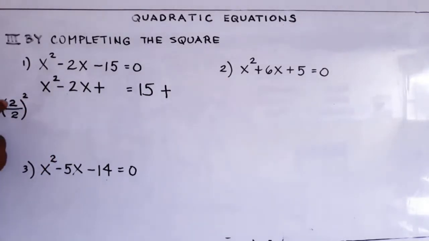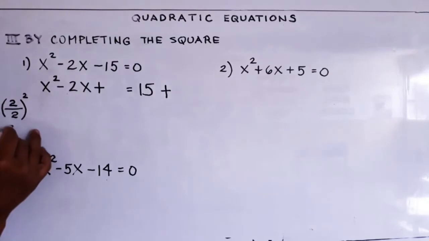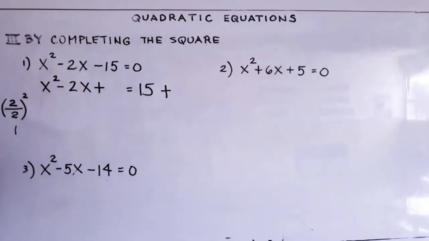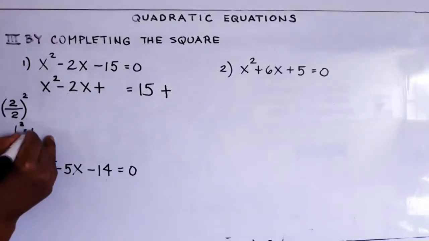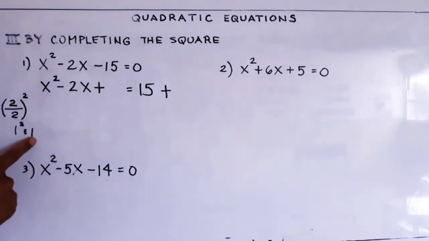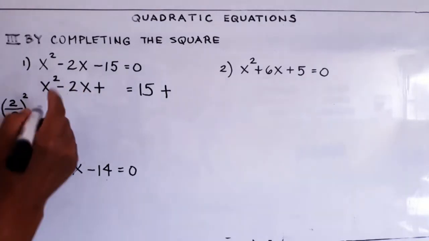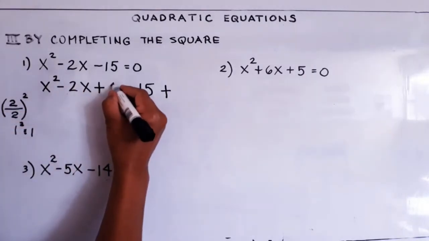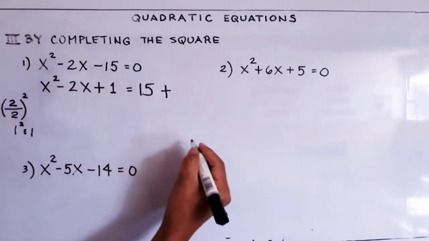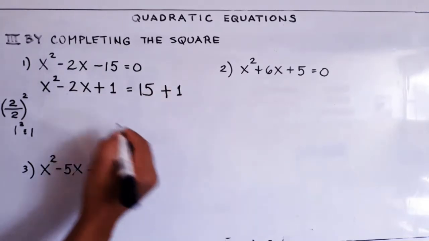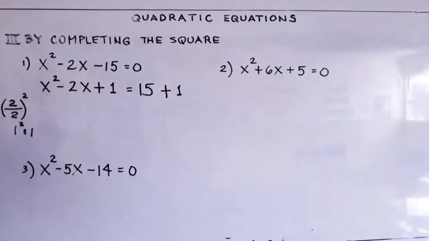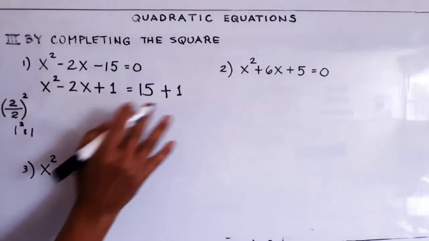So this one is 2 divided by 2, it's 1, and then 1 raised to the second power is equal to 1. So here we are going to add a 1, and we will also add that 1 on the other side, to make the equation equal. Our equation will not change its value, it will be the same or equal.